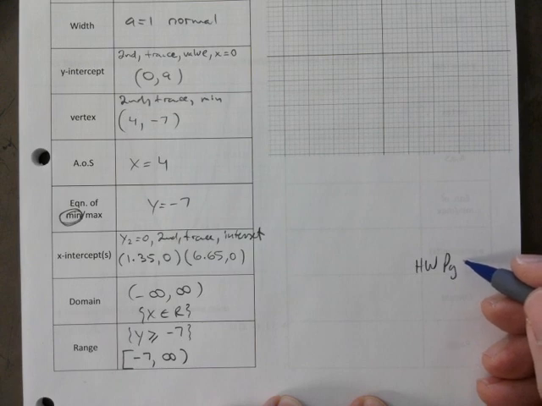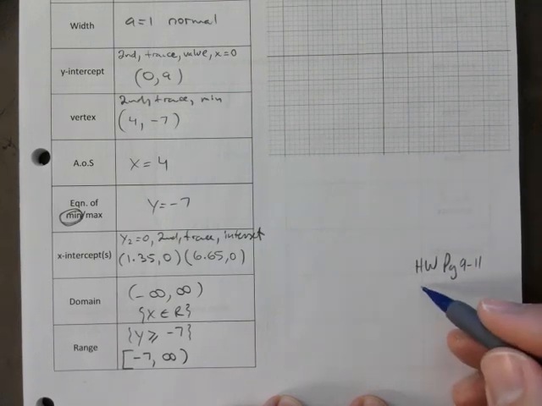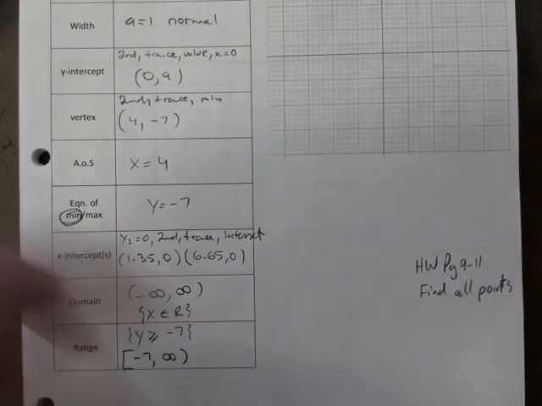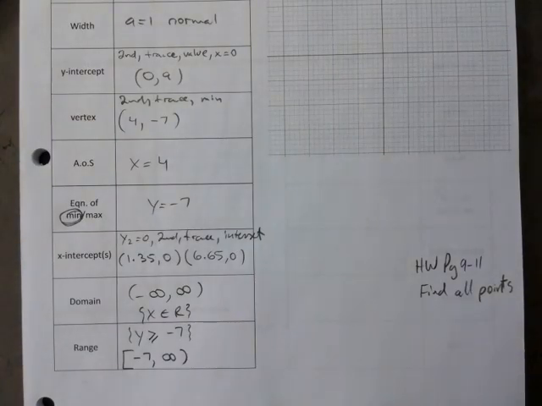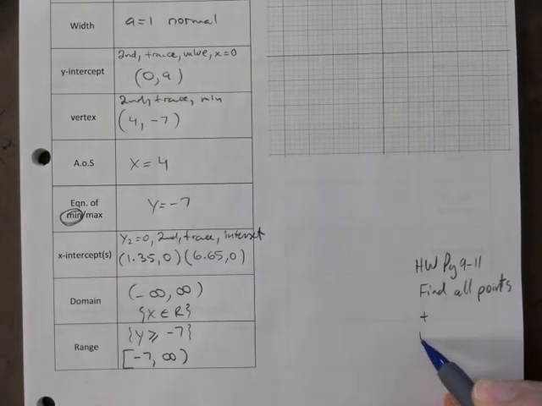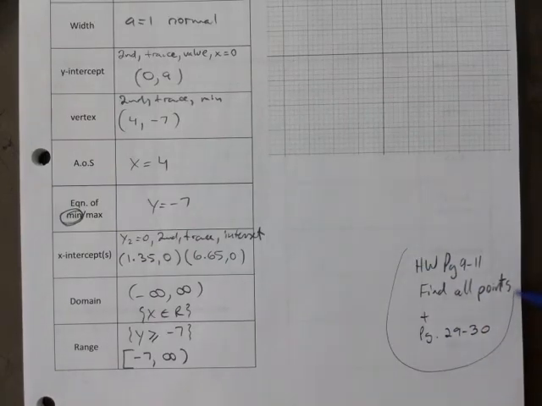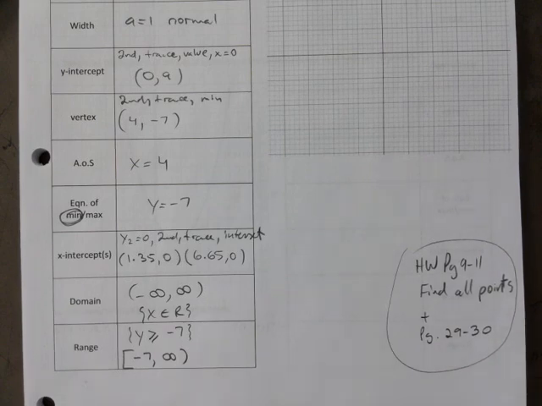So pages 9 to 11, find all points, okay? And if you feel like, you know what, I still need more practice, and page 29 to 30, okay? I'm not asking you to actually graph it on paper. I'm just asking you to find all these important points.